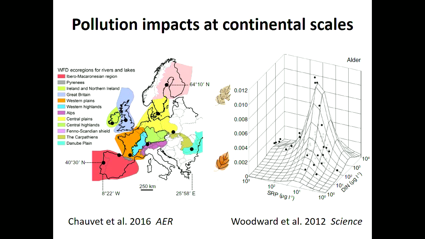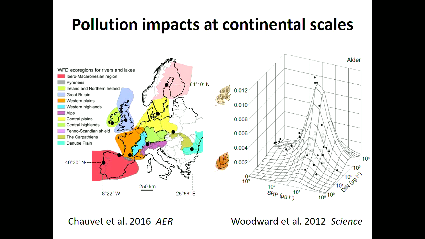And probably the most notable study using this sort of approach, measuring detrital processing, was the RivFunction project, which was a large EU project. And the most notable publication was this Woodward et al. paper in Science, which described basically patterns of litter decomposition in a number of sites across Europe in a large geographical area.